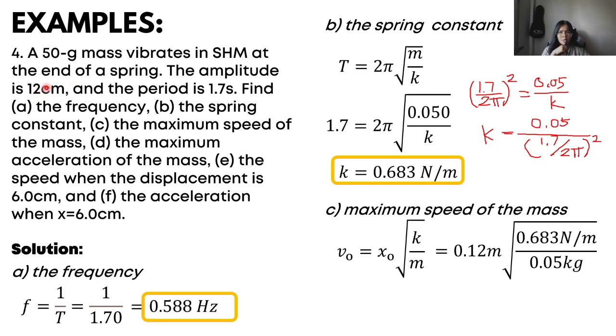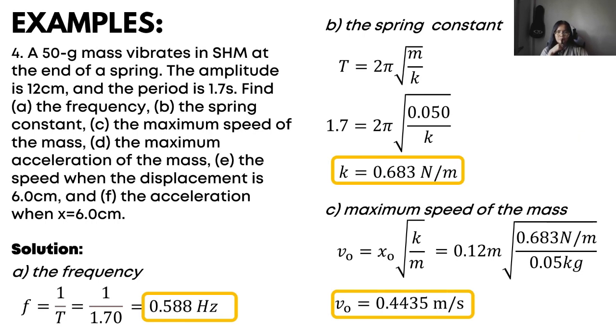Okay, divided by 100, 0.12 meters. And then, isubstitute nyo yung k na nakuha, 0.683. And then, given mass na 0.05. So, makukuha nyong answer is 0.4435 meter per second.